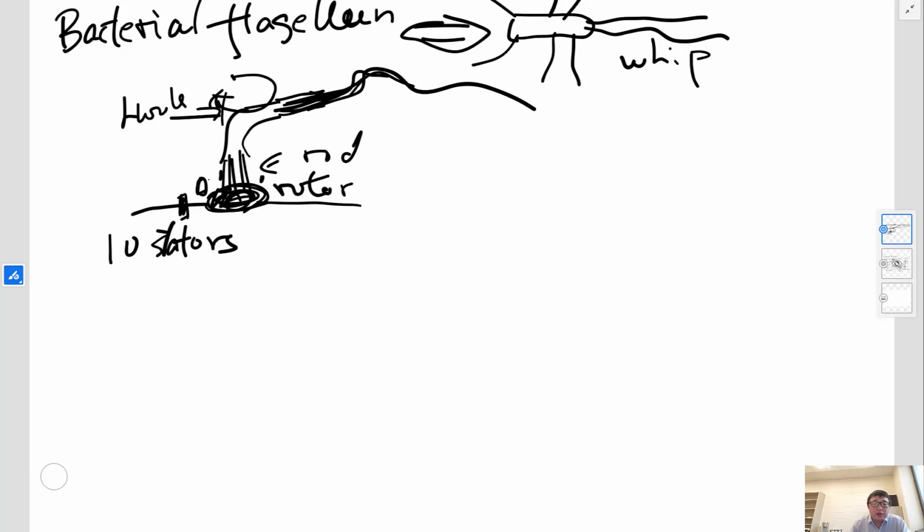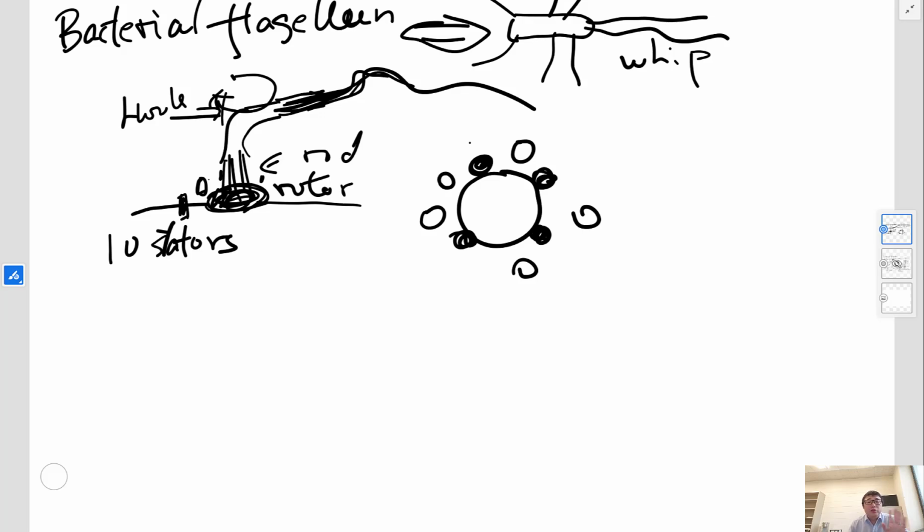And the stators are not always sitting there. For example, this is the rotor of the flagellum. Some of the stators come here, some are far away, some come here, and they are under dynamic regulation. Basically, you can imagine those stators dynamically getting into the rotor, getting out, getting in, getting out.